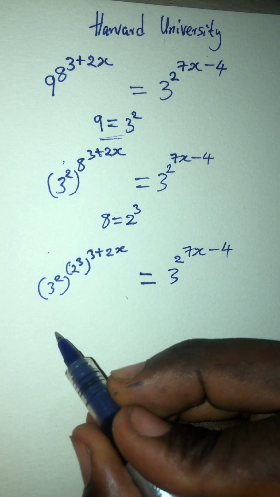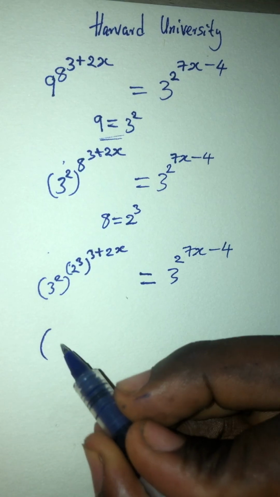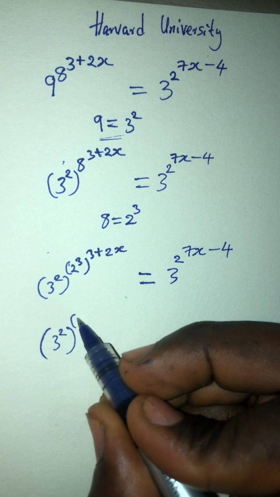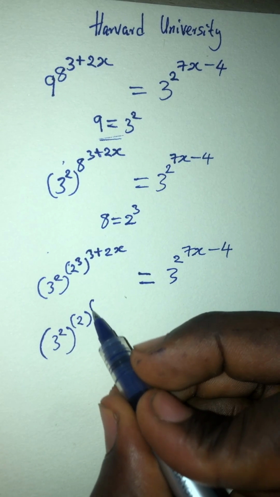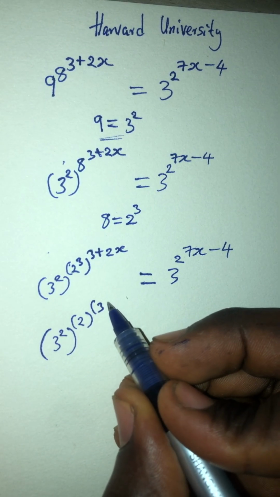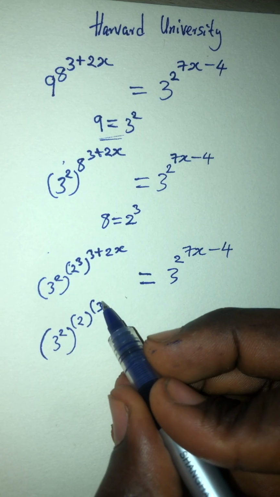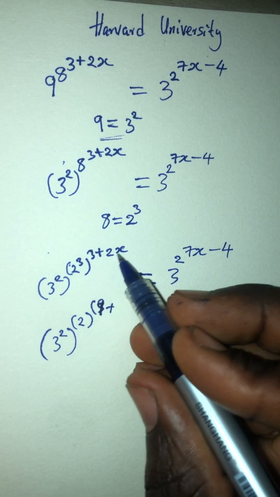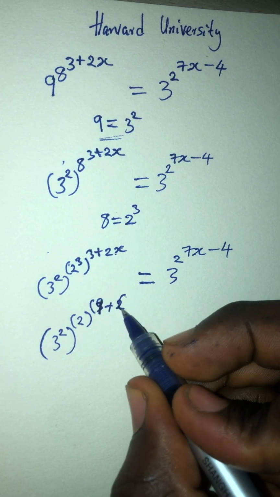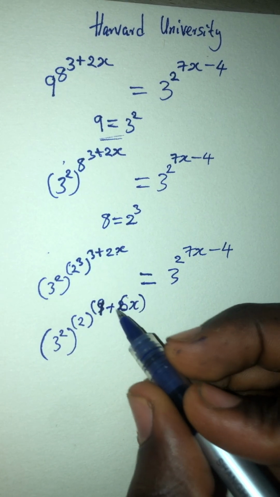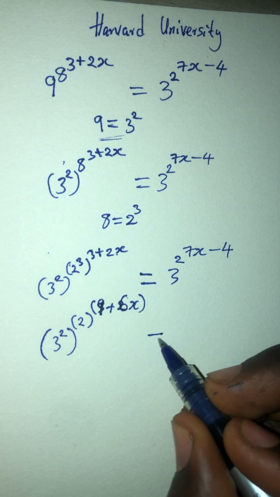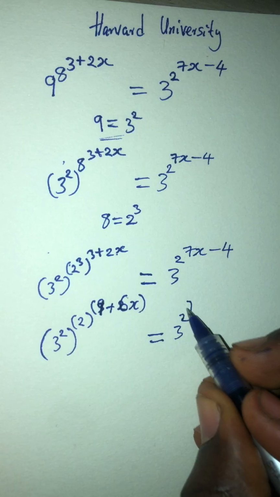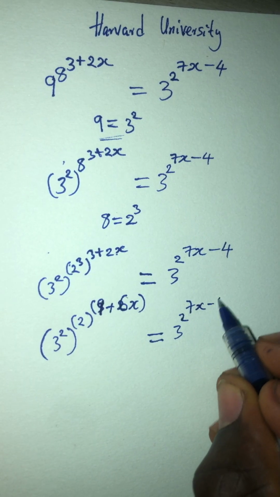We have 3 raised to power 2, raised to power 2 raised to power 3. 3 times 3 is 9, and 3 times 2x is 6x, which is equal to 3 raised to power 2 raised to power 7x minus 4.